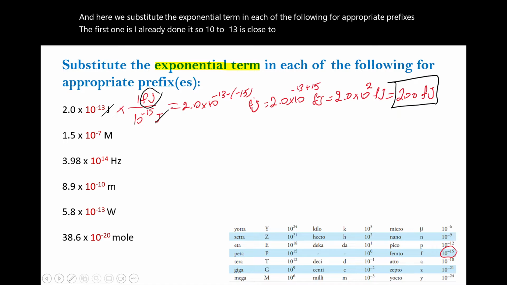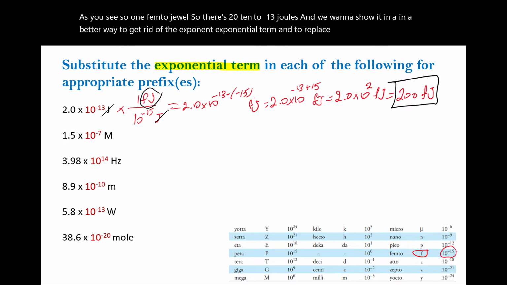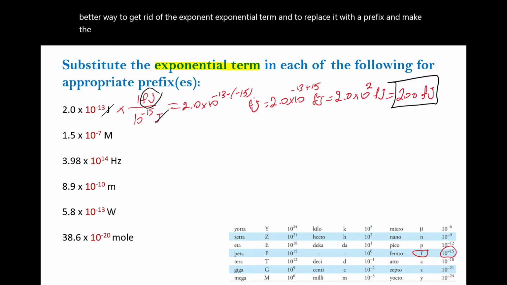So 2.0 times 10 to negative 13 joules, and we want to show it in a better way, to get rid of the exponential term and replace it with a prefix and make the number more manageable.